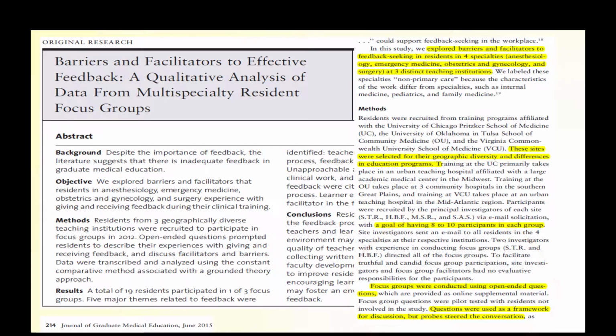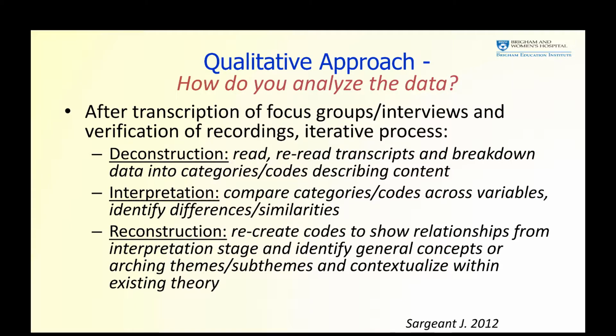So with qualitative approaches, how do we analyze the data? After the focus groups and interviews are transcribed and verified, it is an iterative process, followed by 3 distinct concepts. Number 1 is deconstruction. The goal here is to read and reread transcripts and break down data into categories or codes describing the content.